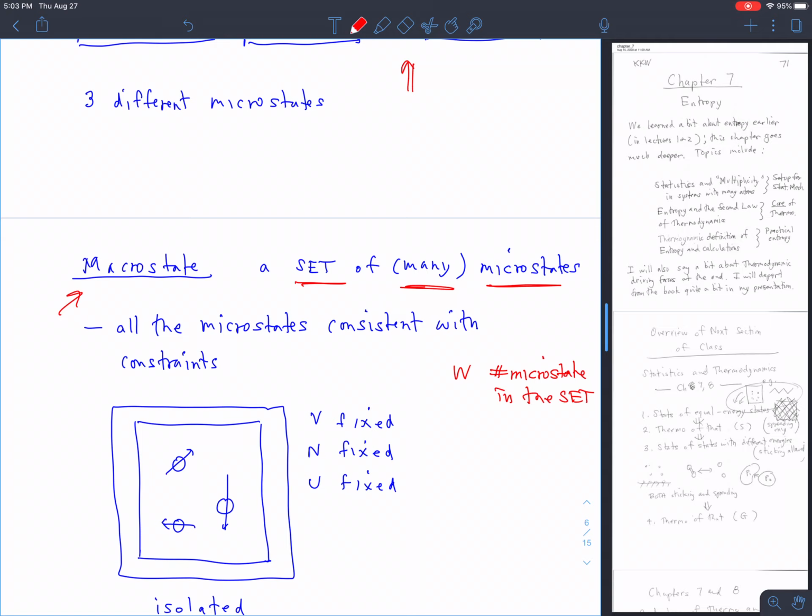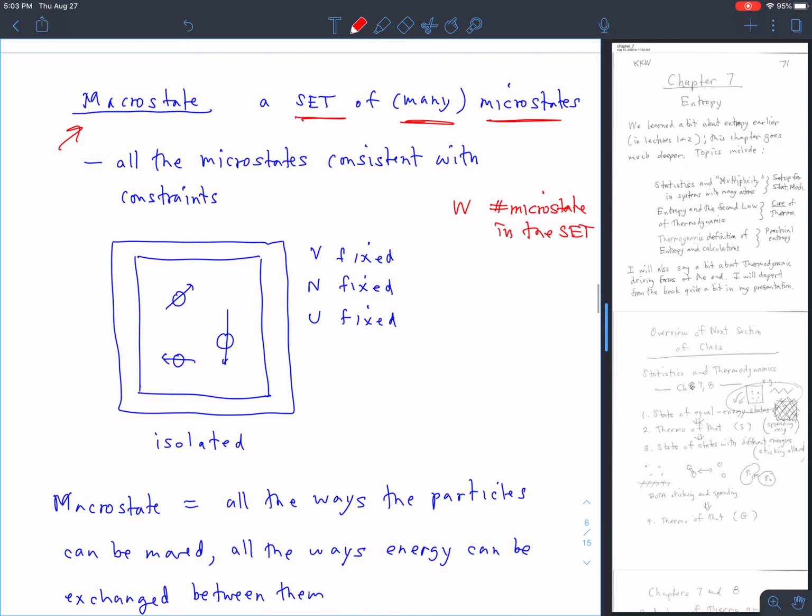How do we define what set of microstates we want? Well, we look at what the constraints on the system are. If I've got an isolated system like this, then energy, I've got insulating walls, I've got rigid walls that can't change in volume, the number of molecules can't change, all these quantities are fixed.